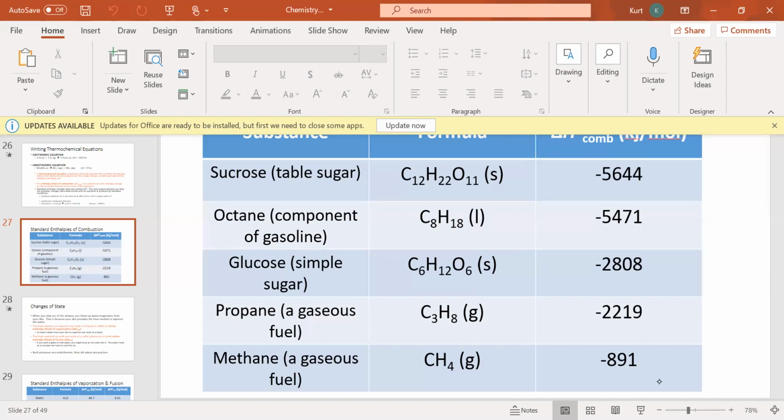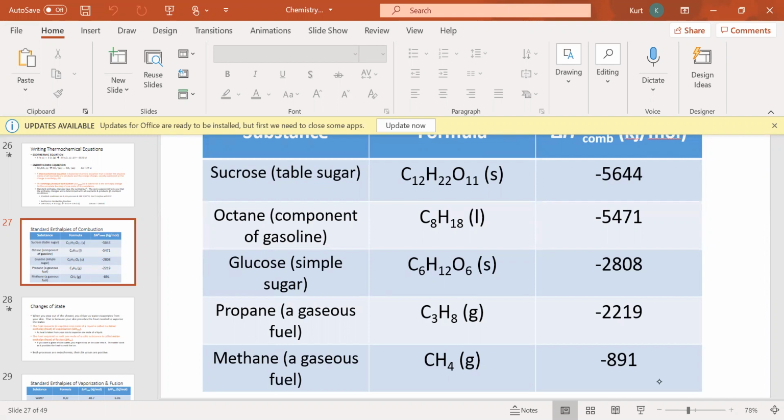You are little furnaces. You're mammals. You have to generate your own heat. The amount of energy the human body produces is astonishing, and we don't even realize it. You are perpetual furnaces for your whole life. You have to keep that fire burning. That's what eating is all about. Even octane, stuff you put in your car, doesn't burn as much energy as your own cells do when breaking down sugar. That's crazy.